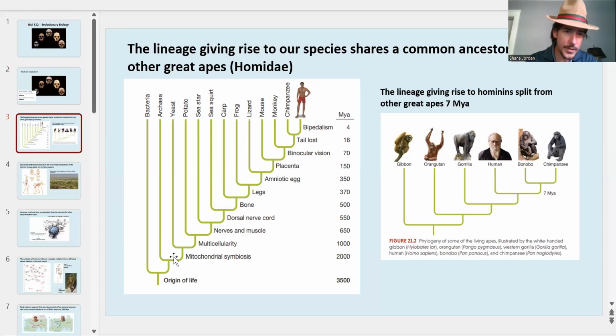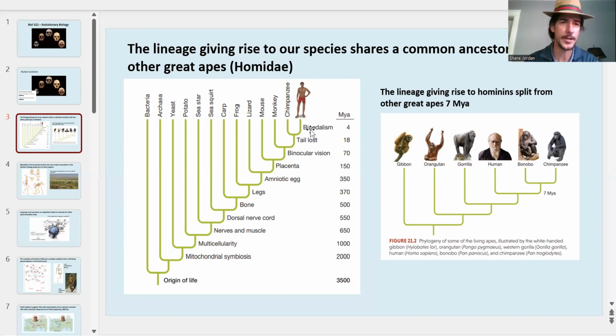So all of these characteristics are shared by various lineages that evolved over time and share a common ancestor, the last universal common ancestor of all living things. All of these traits have been inherited by the common ancestor of humans and chimpanzees, with the exception of bipedalism.